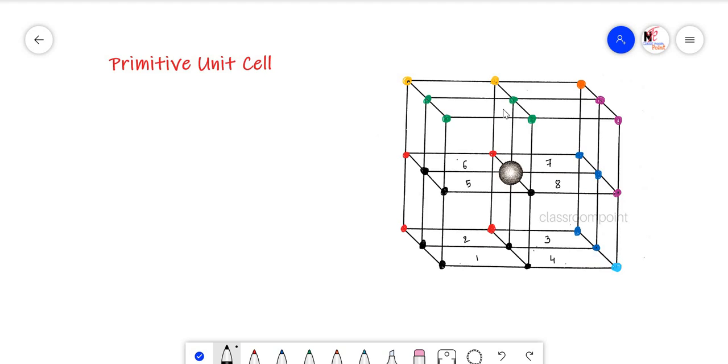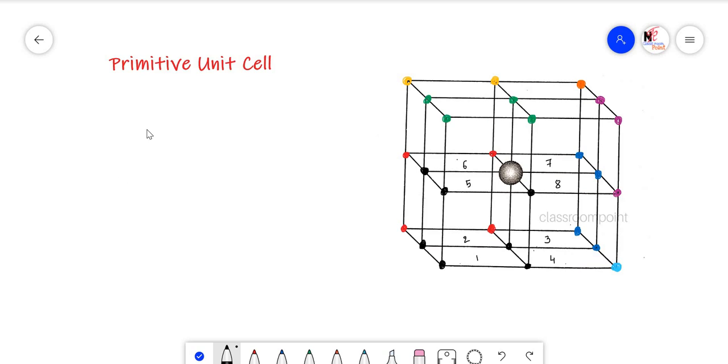And whenever you keep 4 more unit cells over this, this particle will be in touch with 8 unit cells, so it is shared among the 8 unit cells. Then the contribution of this atom towards each unit cell is 1/8 part.